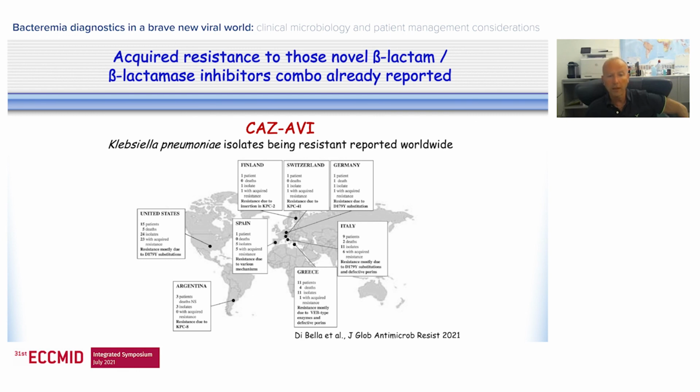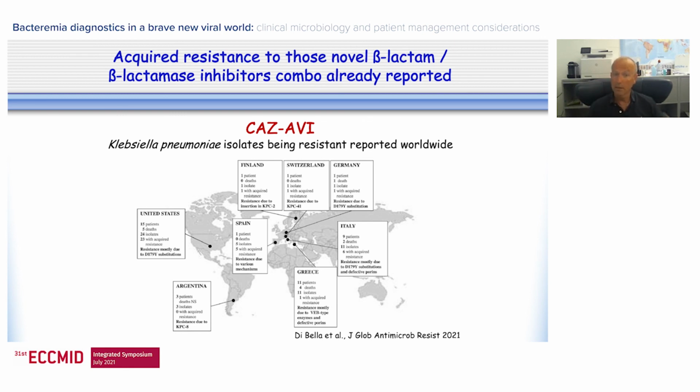So most of the cases, it was due to mutations in the KPC enzyme. You see here different examples, Finland, Switzerland, Germany, and so on. Most of the time, the patient has been treated with cefta-avi because he was infected by a KPC producing Klebsiella pneumoniae, and thereafter there have been selection of a mutant corresponding to a mutated KPC enzyme within the same isolate.